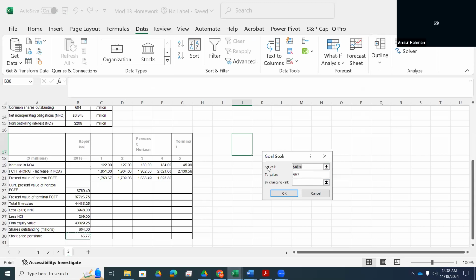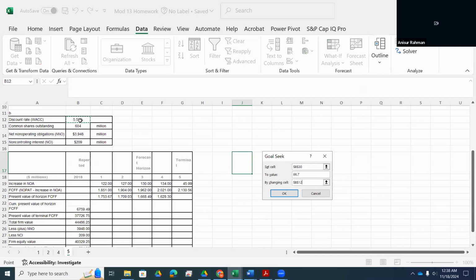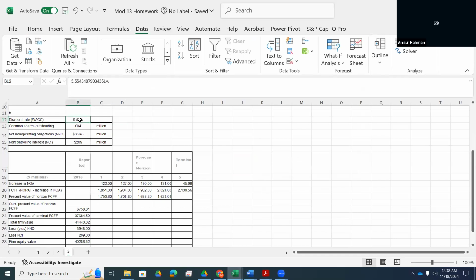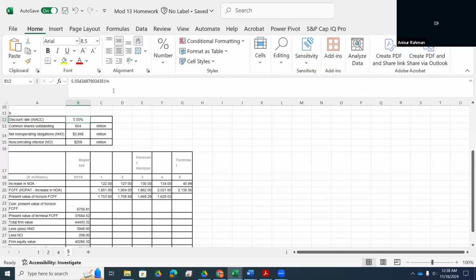So this is the cell, needs to be equal to 66.7 by changing, click on this cell, the discount rate, WACC, and push OK. Okay, and you'll see this is the number. If you want to see more decimals, you can actually look at here, 5.5543. So 5.55.